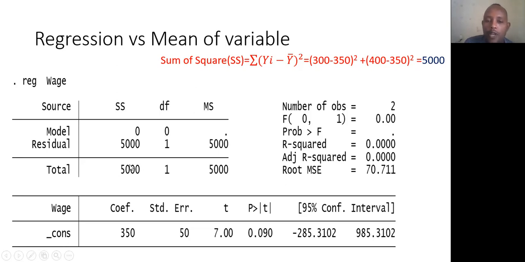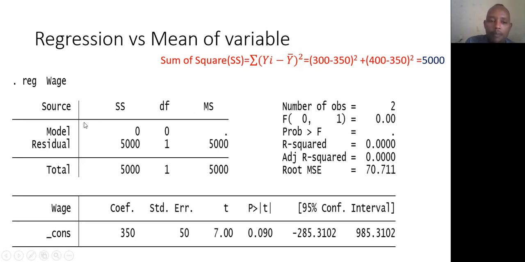When we divide the variation of the model, or the contribution of independent variables to the change in the dependent variable, by the total variation in the dependent variable, it gives us R squared. 0 over 5000 is 0.